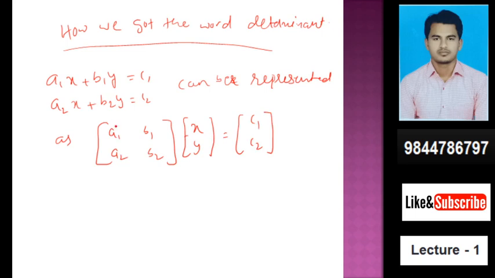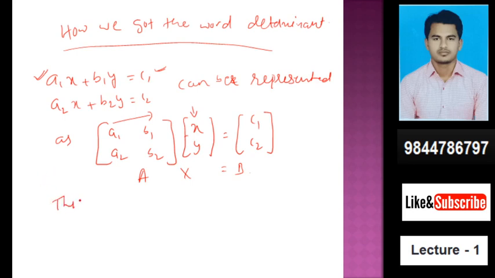If I multiply these two matrices, we get the system of equations: a1x plus b1y is equal to c1. It means the system of equations can also be represented as AX equal to B.